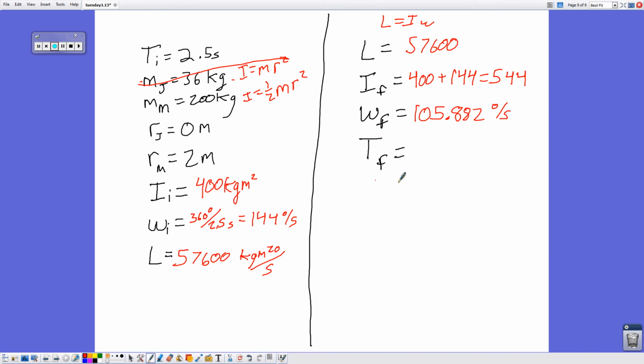Now to find the period. Let me think about that. Well, I know that it does 105.9-ish degrees every second, and I want it to go 360 degrees. Oh, wait a second, Mr. Seisel gave me an equation. This is its speed, and I want it to go 360 degrees. That will give me the period. So I'm just going to multiply this number by 360. That makes sense?